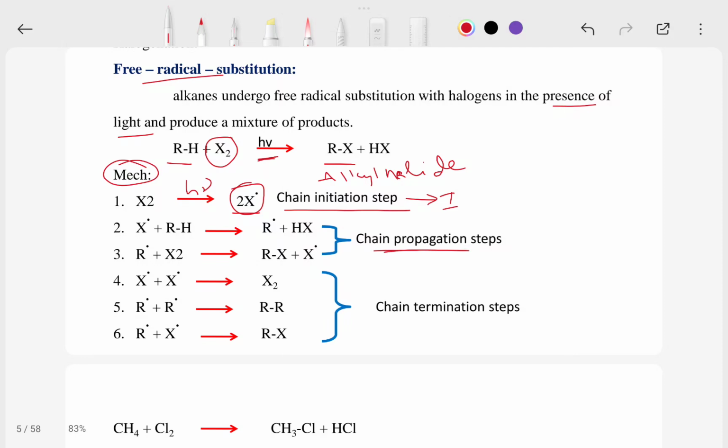In this step, a halogen free radical reacts with alkane to form alkyl radical and HX.